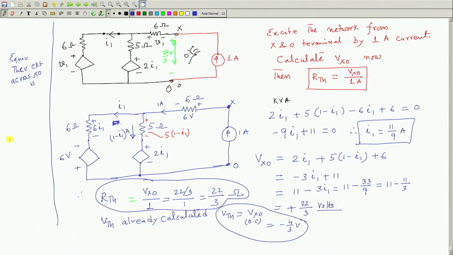So, V Thevenin's is minus 4 by 3. So, two ways you can write R Thevenin's. R Thevenin's is 22 by 3 ohm and VXO is minus 4 by 3 volt. So, it should be shown like this.